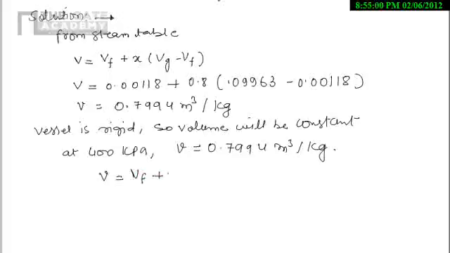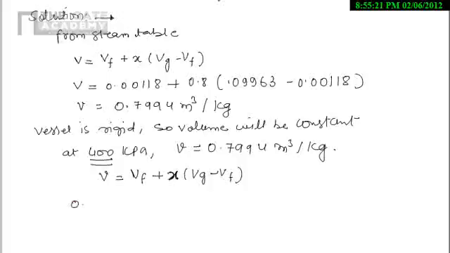So now I can again write the specific volume of the mixture is Vf plus X into Vg minus Vf. Here we don't know the quality of steam or dryness fraction, so here we will find the dryness fraction when the substance is at 400 kilopascal.